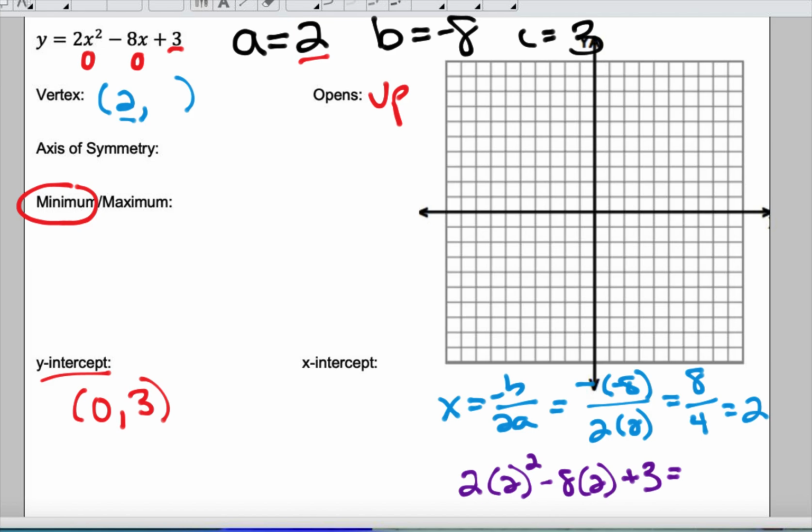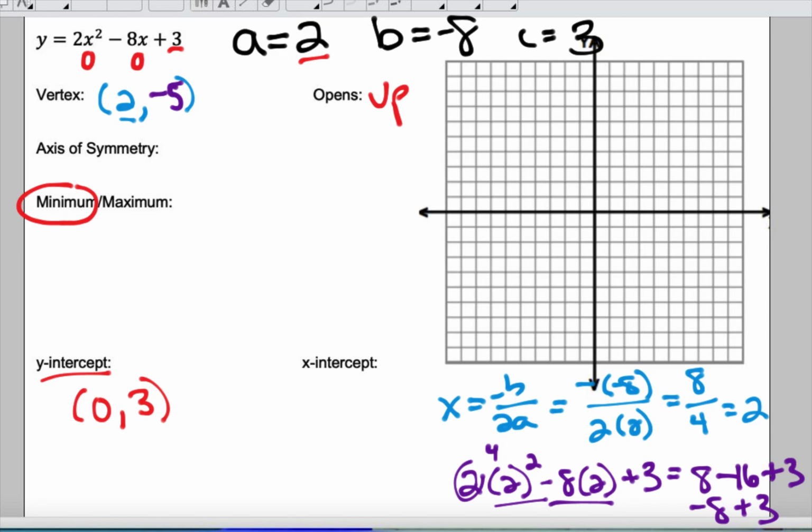So 2 squared is 4, and 2 times 4 is 8. And then 8 times 2 is 16, and then plus 3. And so 8 minus 16 is negative 8 plus 3. All right, that is going to be negative 5.